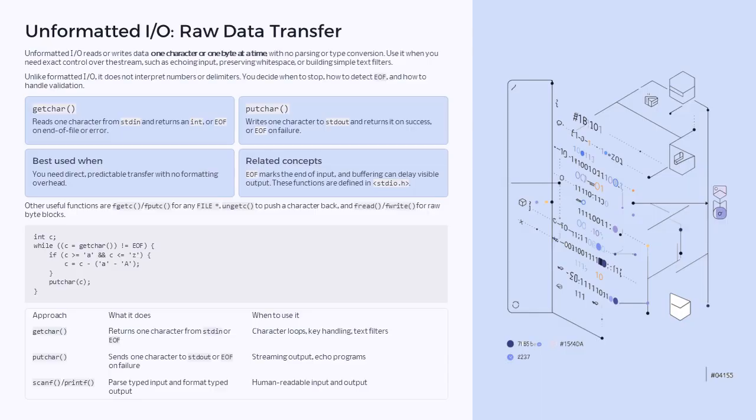What it does: sends one character to stdout, or EOF on failure. When to use it: streaming output and echo programs. The next approach is scanf and printf: parse typed input and format typed output, for human-readable input or output.